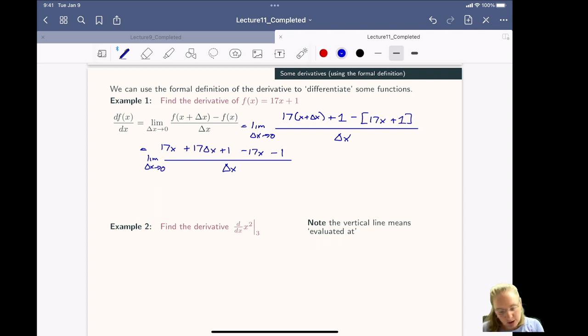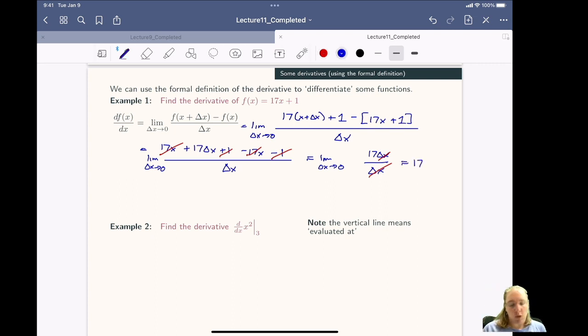All right, let's do some canceling. This minus 17x cancels with that. This plus 1 cancels with this, and we're left with the limit as delta x goes to 0 of 17 delta x divided by delta x. Now, nicely, those delta x's cancel, and we end up with 17.